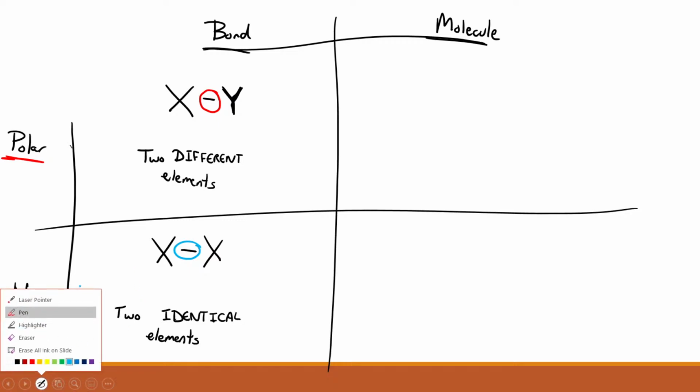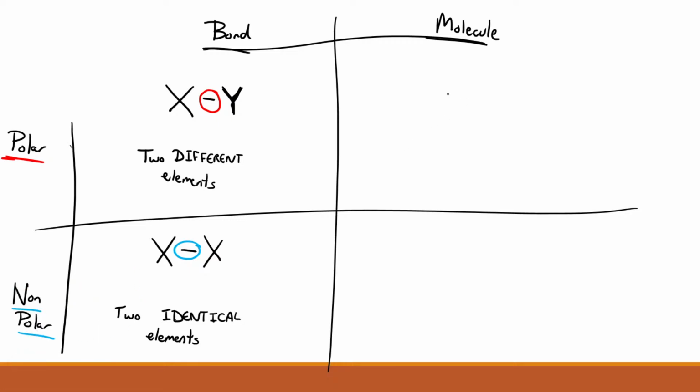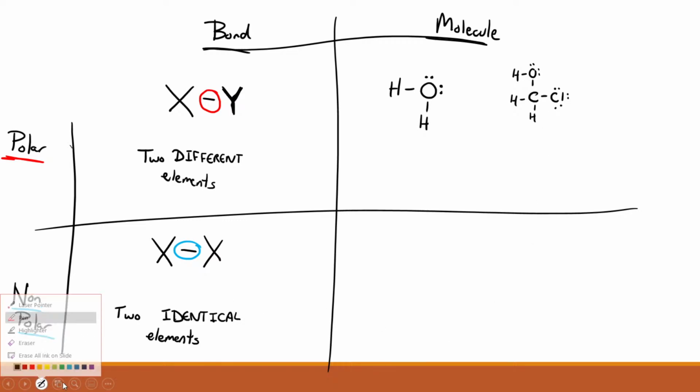For a polar molecule, we are looking at 0 or 1 line of symmetry. So water is polar. This thing that has 0 lines of symmetry in it is polar.